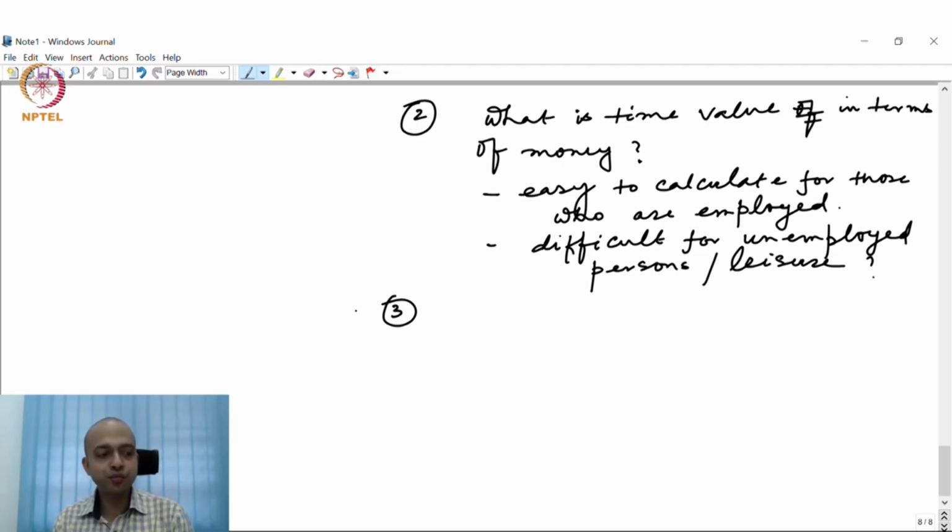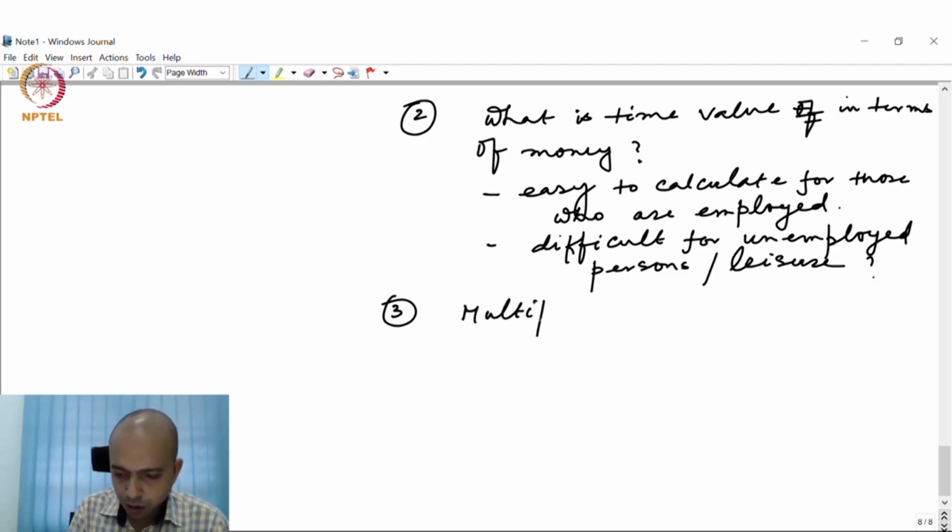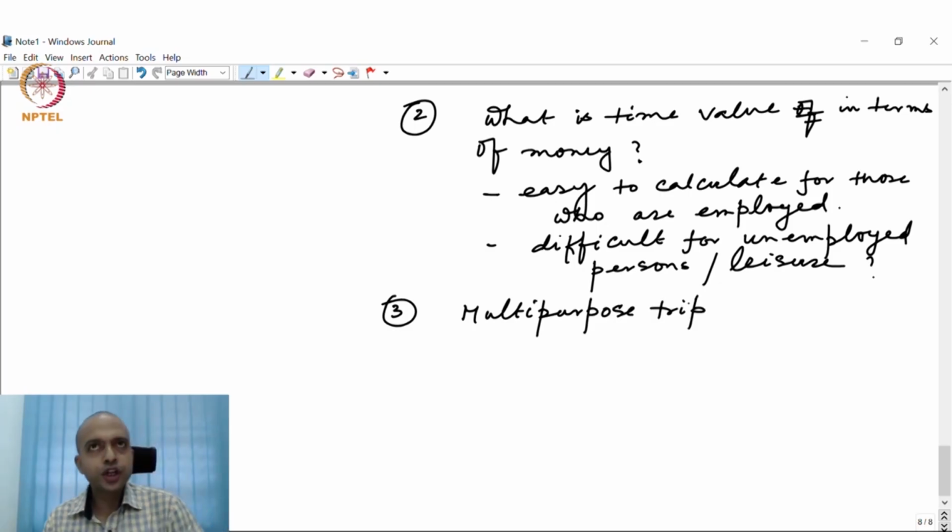Thirdly, as we mentioned, individuals might be making a multi-purpose trip. In case of a multi-purpose trip, for example, I have some other works or I am visiting some other place as well while visiting that place.